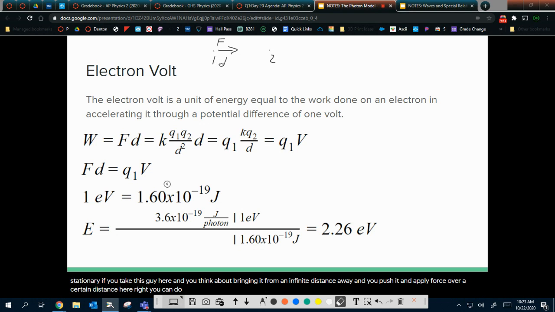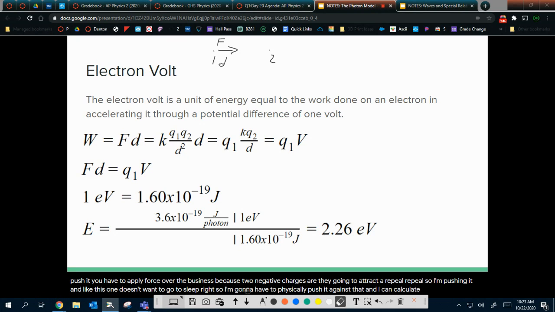You can do work. And if they're both the same charge, let's say they're both electrons, so they're negative. So when you push it, you have to apply a force over the distance, because 2 negative charges, are they going to attract or repel? Repel. So I'm pushing it, and this one doesn't want to go this way, right? So I'm going to have to physically push it against that.